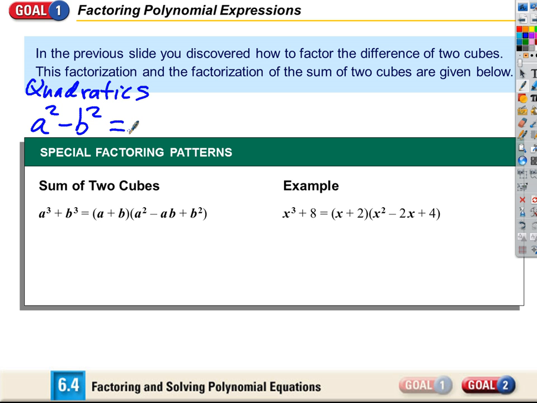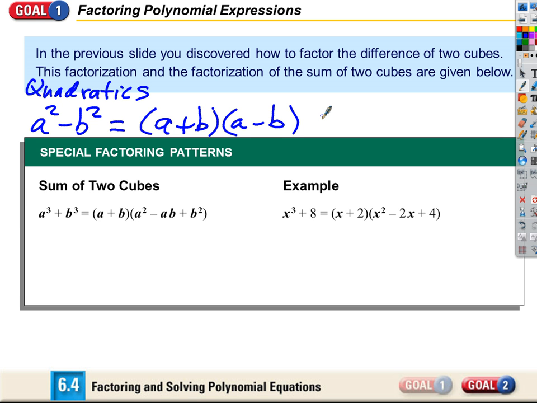If I have something squared minus something else squared, what was that factoring pattern? A squared minus b squared factored into, okay, good, a plus b times a minus b, right? And that was our conjugate pattern. And that's the same thing we looked at in 6.3, going the other way. If I multiply two conjugates together, then I know that I end up with a difference of squares. So that goes both ways, of course.